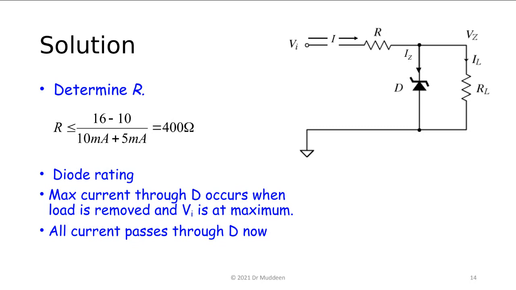So if you know the power dissipation, then you can work backwards. The maximum current through the diode, and we just mentioned this, occurs when you remove the load. When you remove the load, VI is a maximum, and all that current is now going to pass through D. So you're catering for when you have full load and when you have no load, essentially.